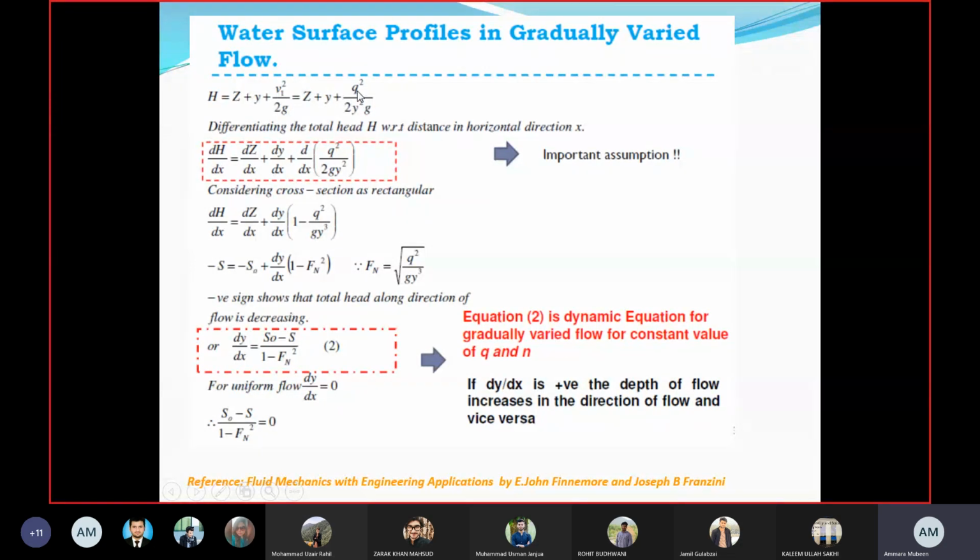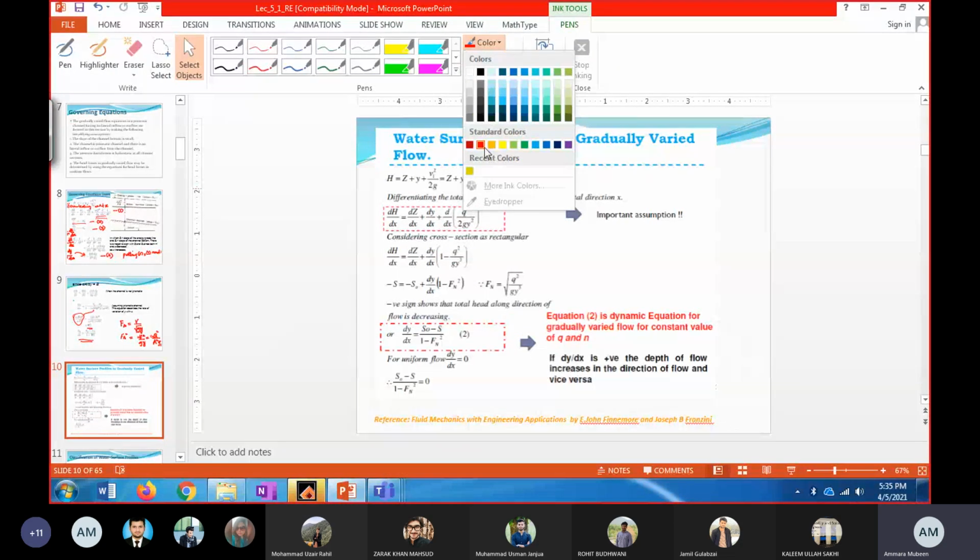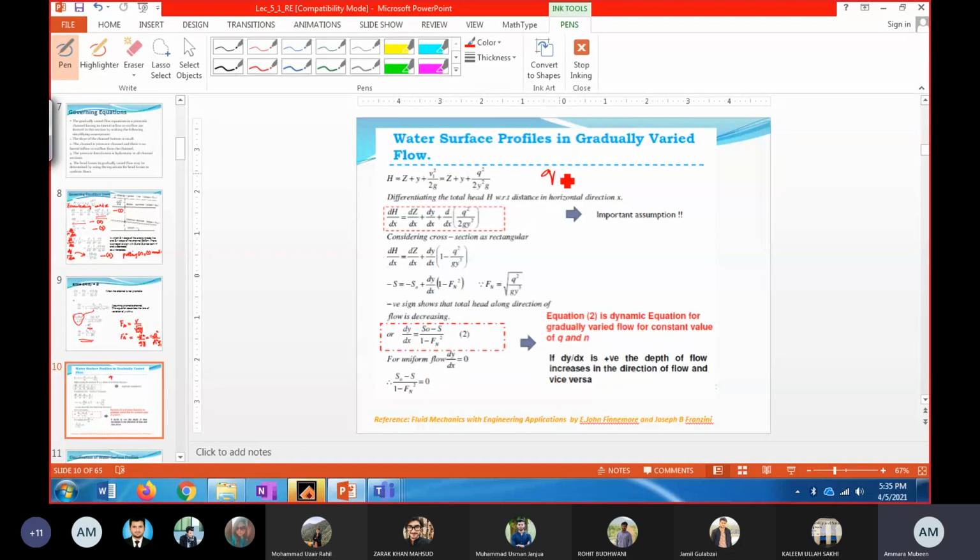Okay, so this is discharge per unit length. Small q is equal to v into y, small q is equal to v multiplied by depth. So v can be written as q over y. That is why they have substituted v in terms of small q over y.